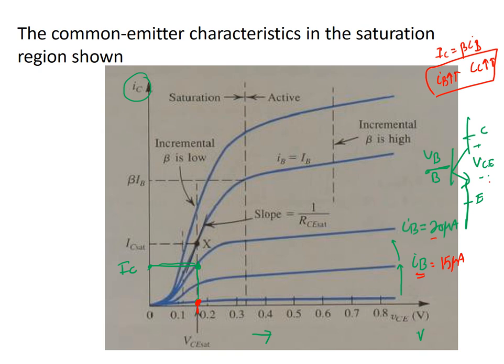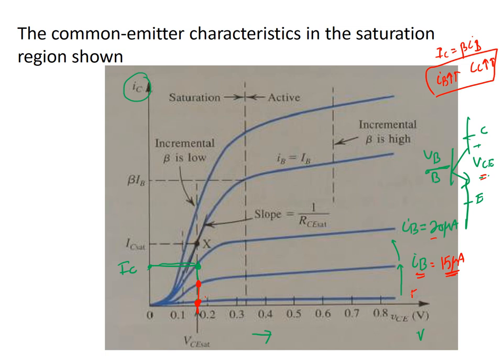Now I have fixed this voltage value VCE, and I am increasing the base current value. For example, I select this curve, which is 50 microampere. Now I start increasing the base current, with the voltage fixed.